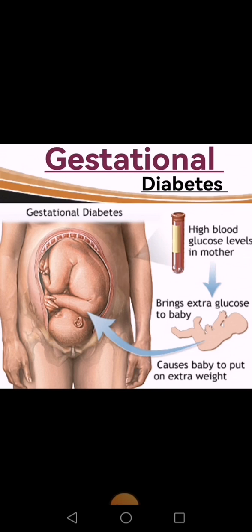It shows a high glucose level in the mother. When there is a higher glucose level in the mother, this glucose brings extra glucose to the baby. Glucose moves from the mother's bloodstream to the baby's bloodstream and causes the baby to put on extra weight. So there is a rise in the body weight of the baby. So this is gestational diabetes.